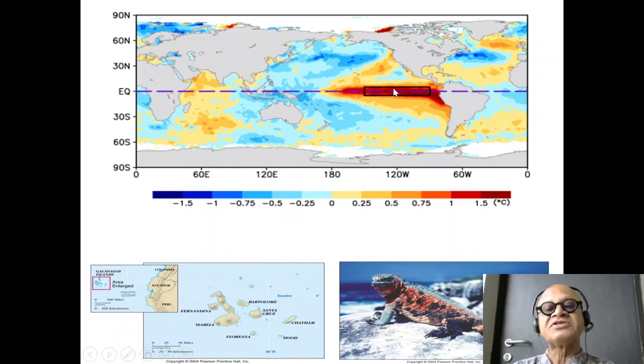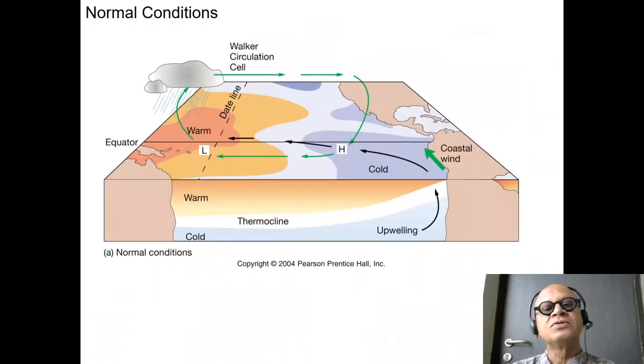We'll see that there is an opposite phase where things get colder than normal, and obviously we cannot call it anti-El Nino, that would be Antichrist. So we call it La Niña, the name that was brought up by a guy called George Philander from Princeton University. Okay, so that's the normal condition.